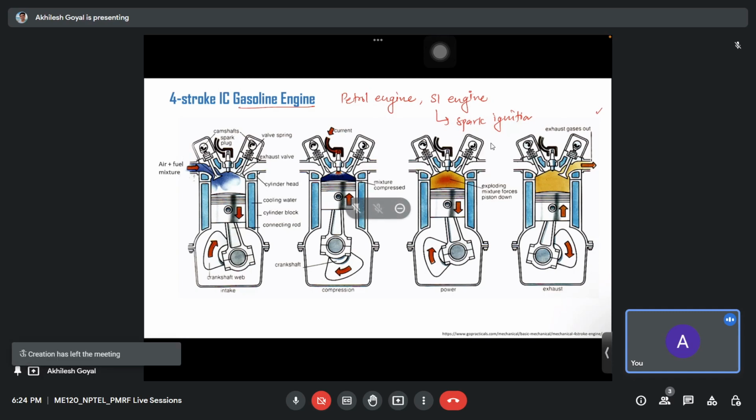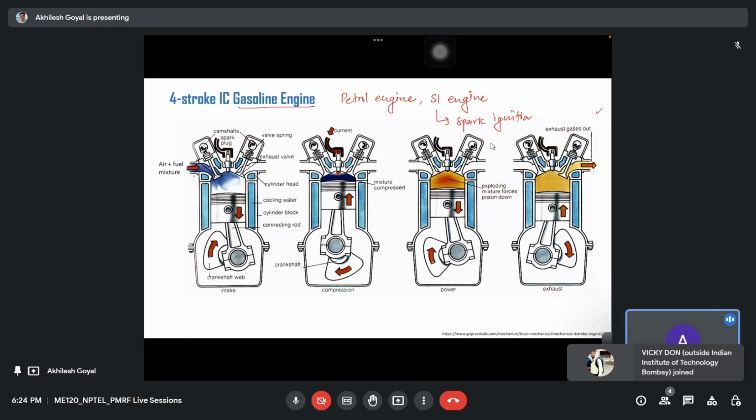So in the case of an SI engine, the first stroke is when the piston goes in the downward direction. When the piston goes downward, a vacuum is created inside the cylinder, and as this vacuum is created, the inlet valve opens.